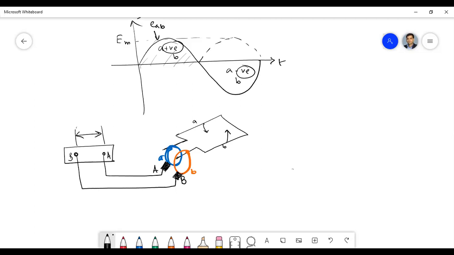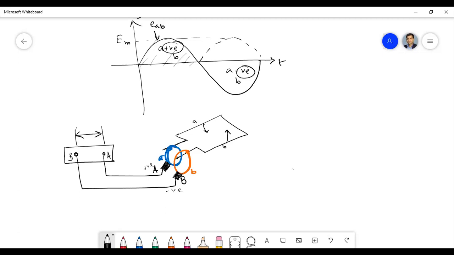So I am asking you, for the first cycle, B will be positive first and A will be negative. Why A is positive with respect to B, so that means capital A also will be positive with respect to B. Sir, the current will flow from B to A. Forget about the current. Current will flow only when I connect some load.